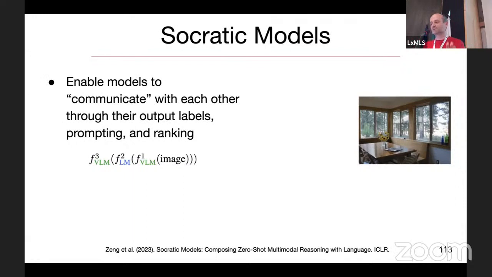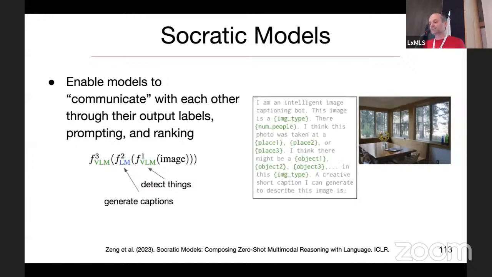So let's take an image like this one here, and we're going to chain together different vision and language models. The first one might be used to detect things in our image. And then the second one is going to be used to generate captions by filling in a template. This is the template from the Socratic Models paper. I am an intelligent captioning bot.